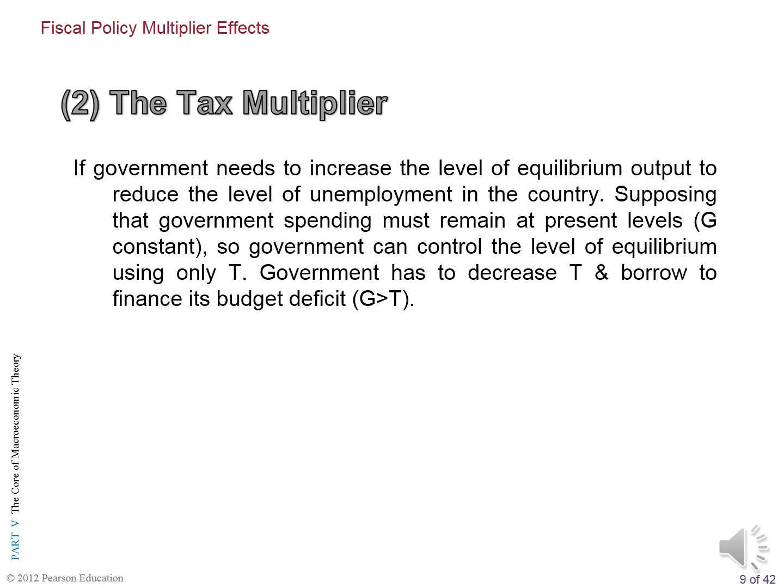We are going to assume that G is constant والحكومة هتتحكم في إيه؟ Government will control T. Okay? To increase income, government has to decrease T. Okay? And borrow to finance its budget deficit.